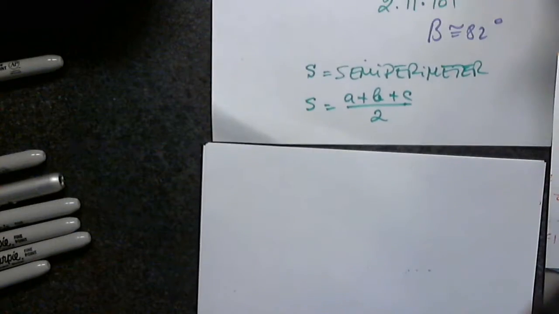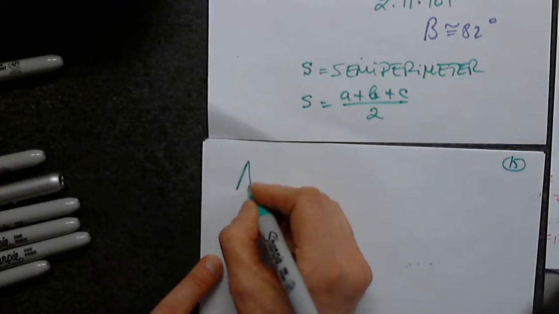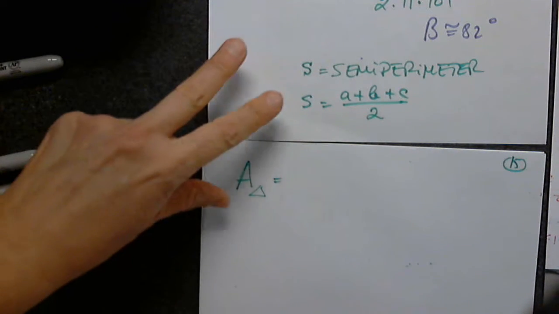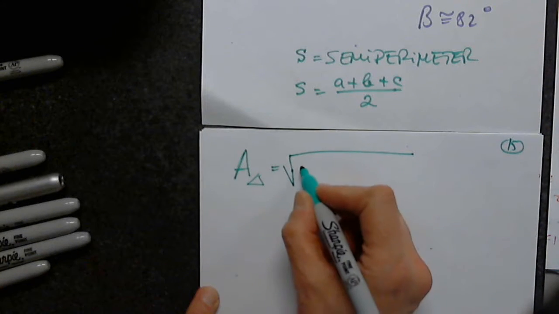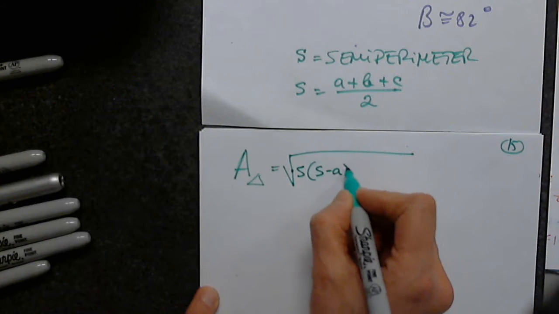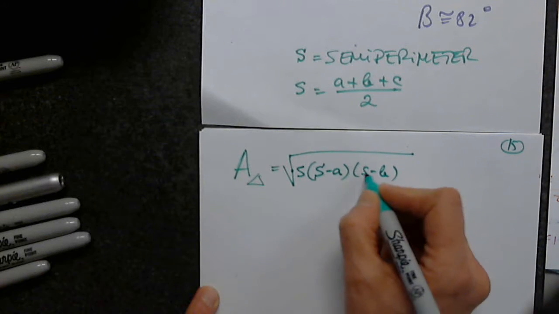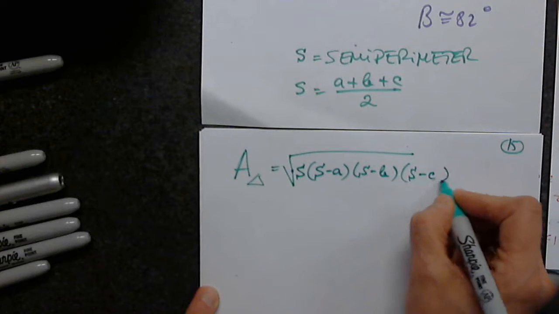And then a famous mathematician showed that the area of a triangle can be determined if you have all three sides. Okay? So I'll review all those three methods with you in the following way. s minus a, s minus b. This is not 5, but it's s. Sorry. And s minus c.